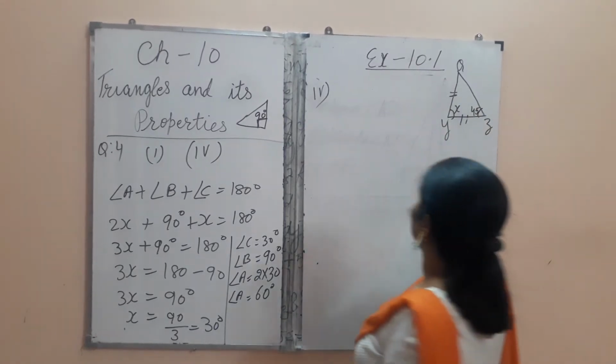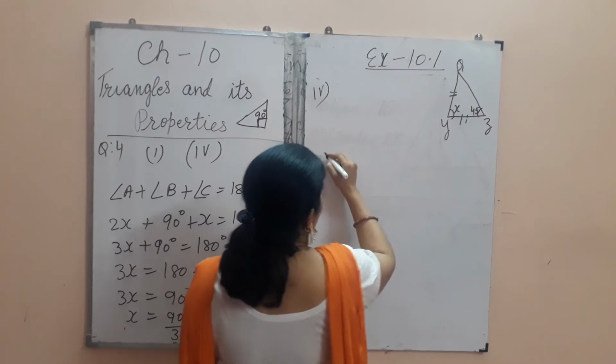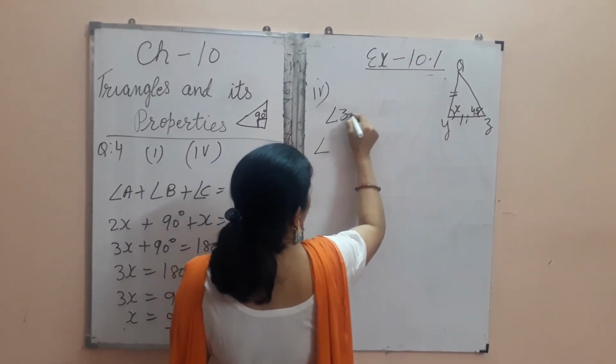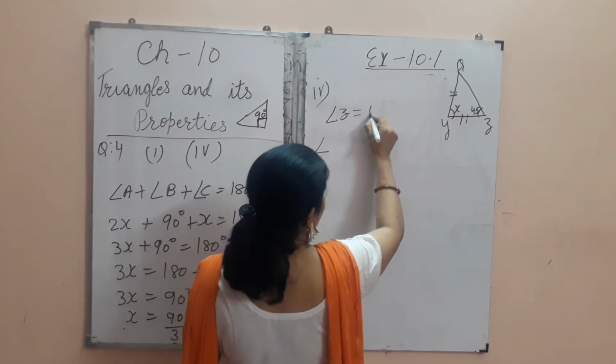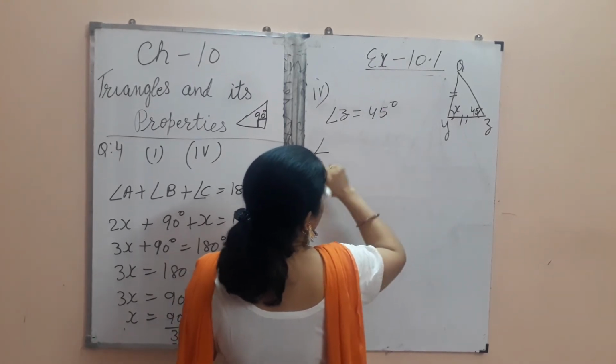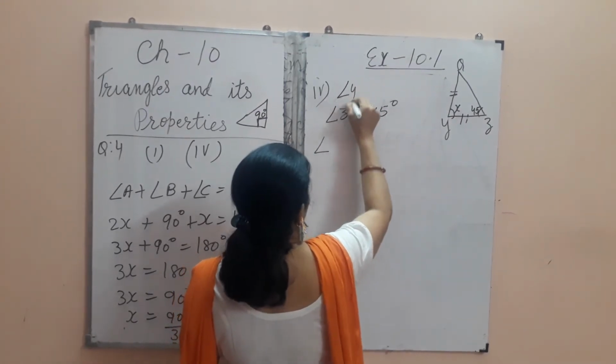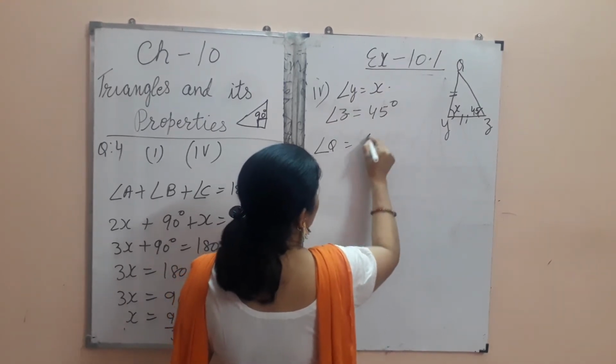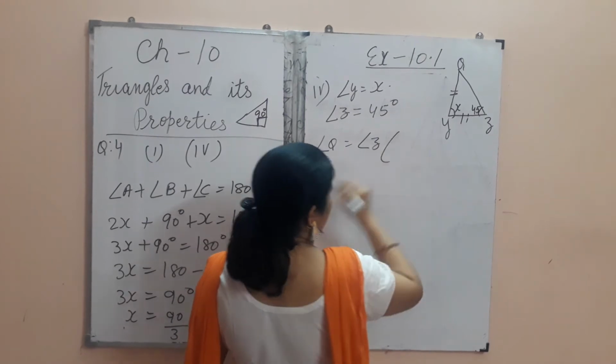So we will write one more step in this. Angle Z equals to 45 degrees. Angle Y equals to x, and angle Q equals to angle Z. Why?